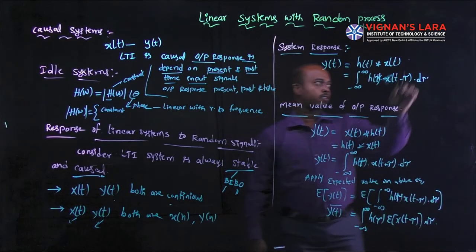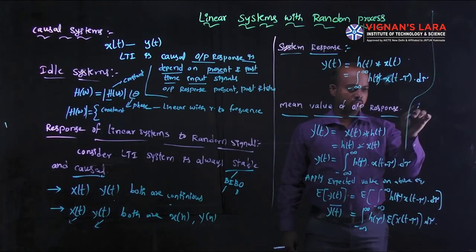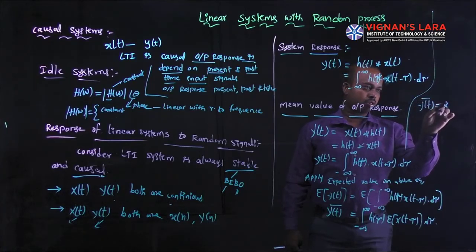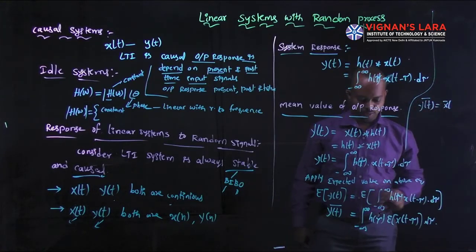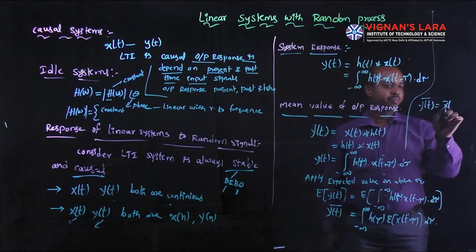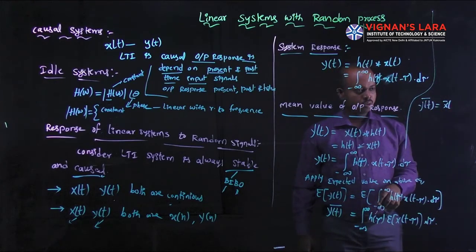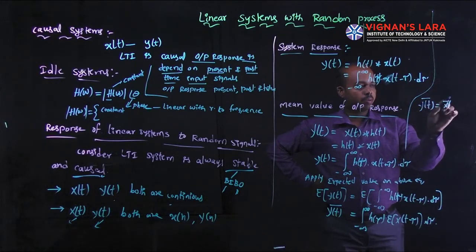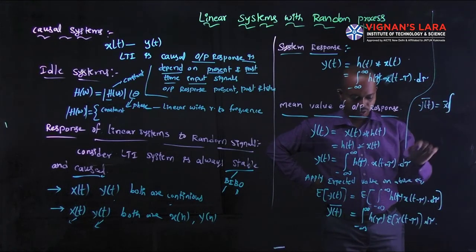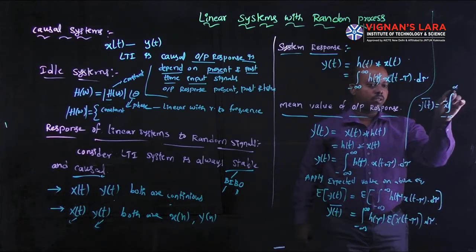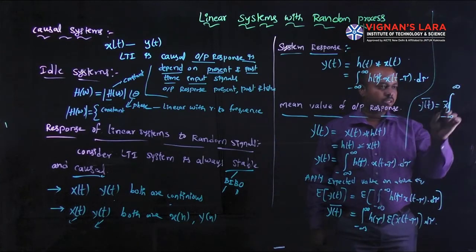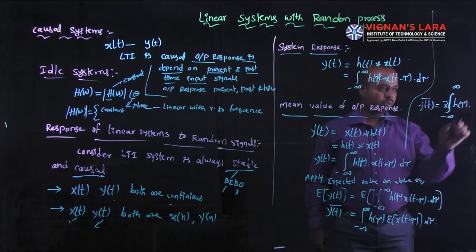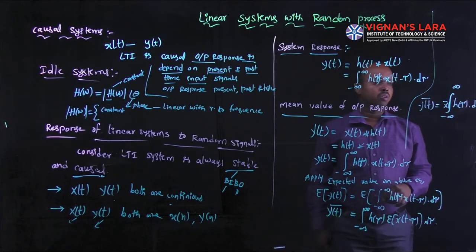So y of t bar is equal to, writing the constant outside, x bar, and y bar on the left side, and the remaining term is the integral from minus infinity to plus infinity of h of tau d tau.